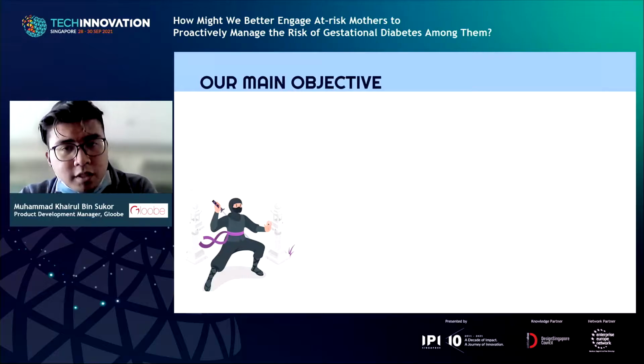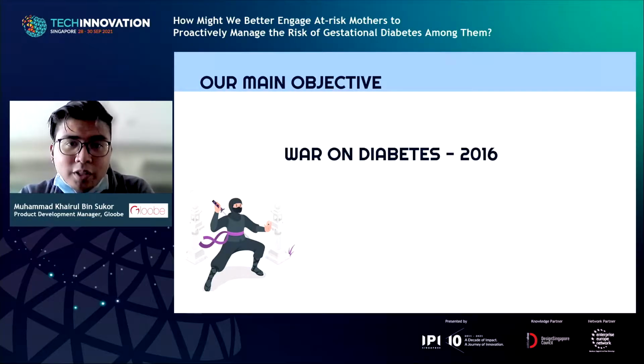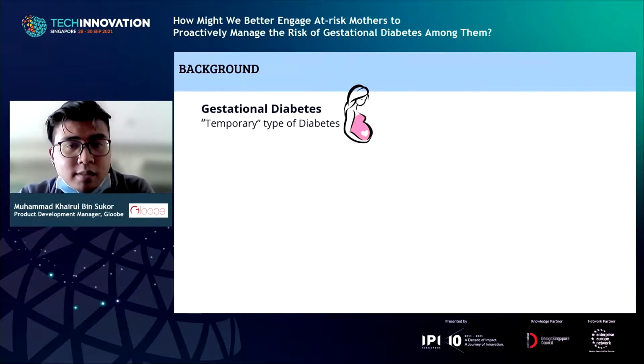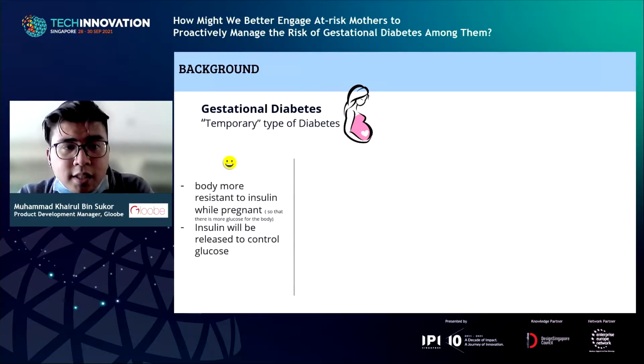Our main objective in being raised in Singapore is to fight a war on diabetes, gestational diabetes exactly. What is gestational diabetes? It's a temporary diabetes found in pregnant ladies. In normal circumstances, the body is very resistant to insulin because your body needs more glucose for the mommy and also the baby.